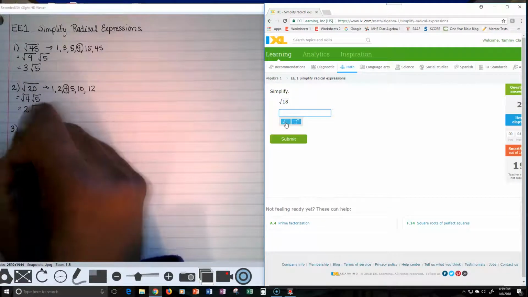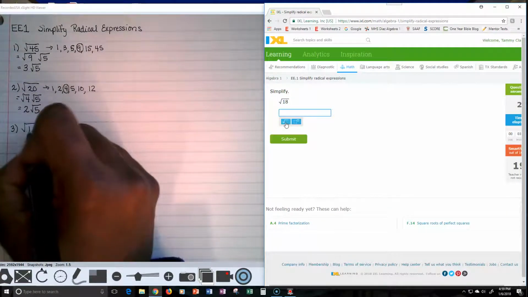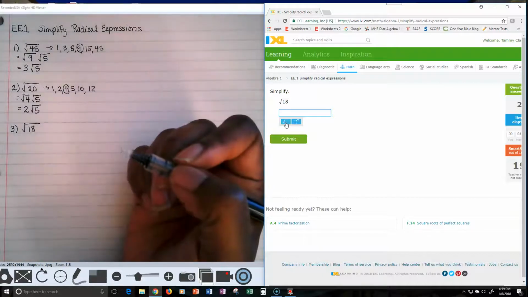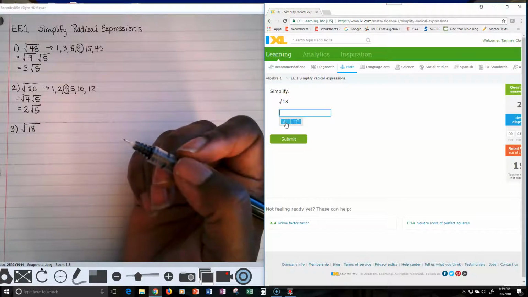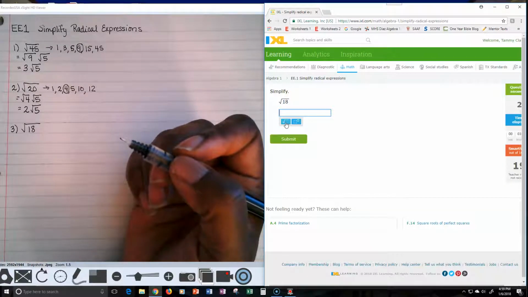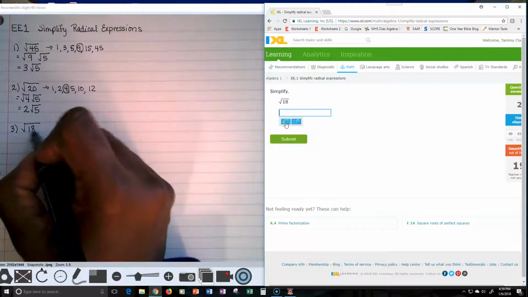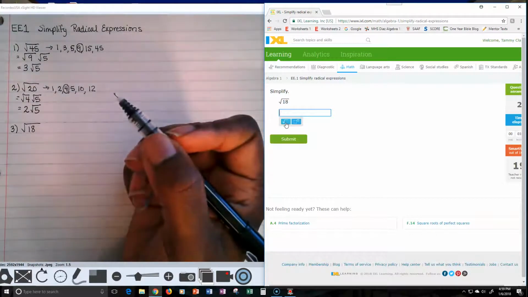Number 3, we have 18. Now I want to show you something. Say you decide not to write the factors and find the highest perfect square, you're still going to get the answer. What you could do here is say, okay, well, what do I know? Well, I know 3 times 6 is 18.